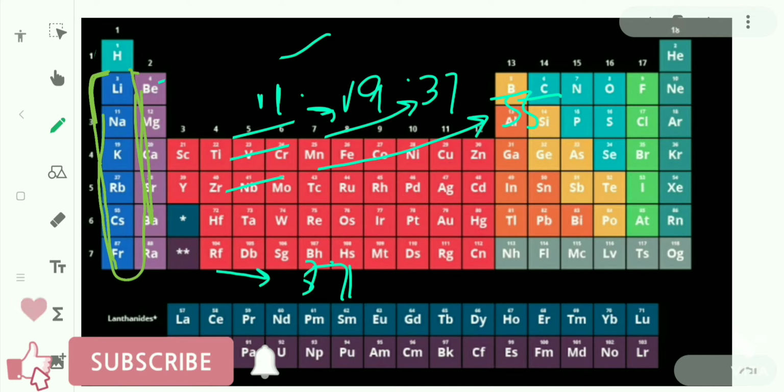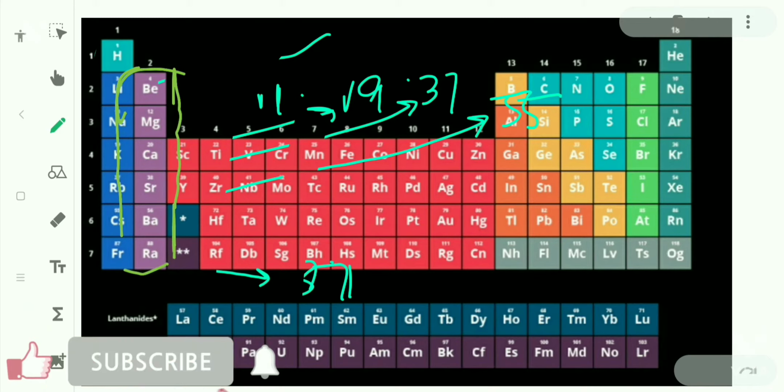Similarly, if you take these alkaline earth metals, beryllium, magnesium, calcium, strontium, barium, radium, if you draw the orbit diagram, in the outermost orbit you will have 2 electrons.